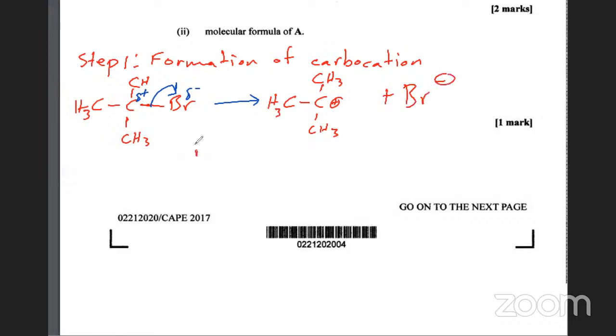This is the rate determining step as well. That is why it is unimolecular. The rate is dependent on the haloalkane.